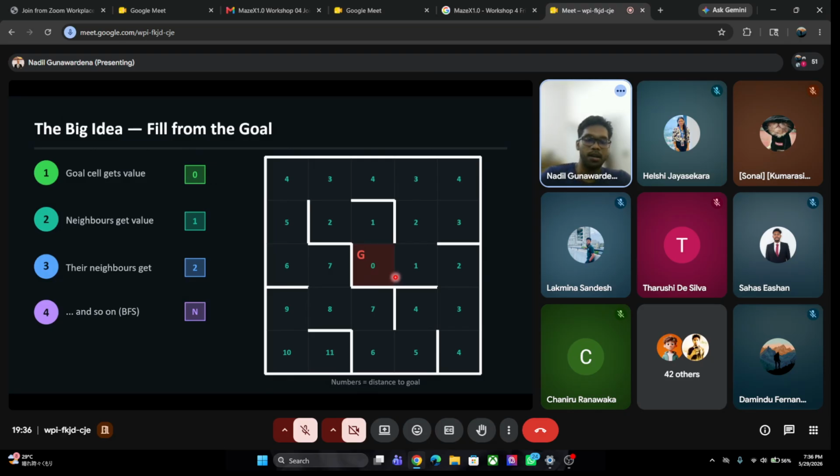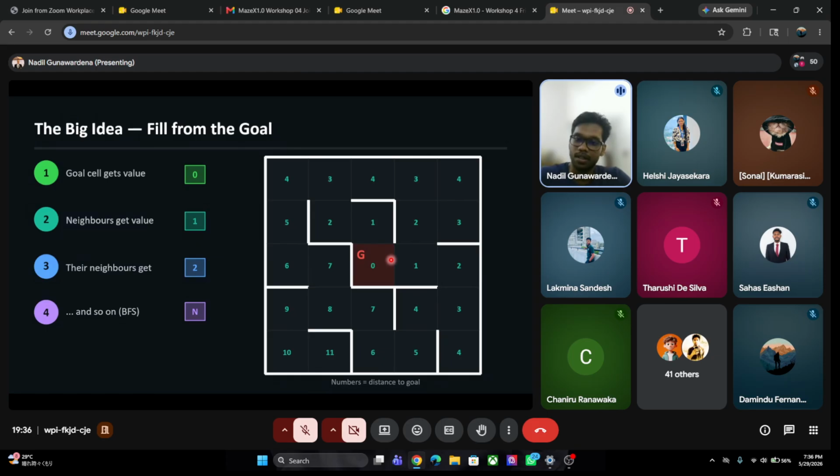Okay, I will just give you a quick overview of what this is. This is the flood fill algorithm. Think of it as this is the goal. Actually, let's just not think about where the micromouse is starting.